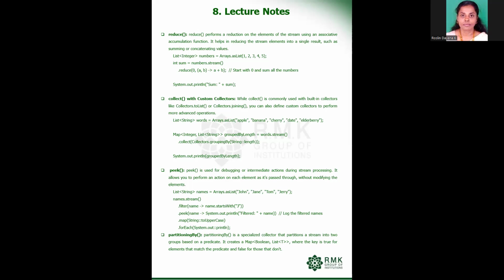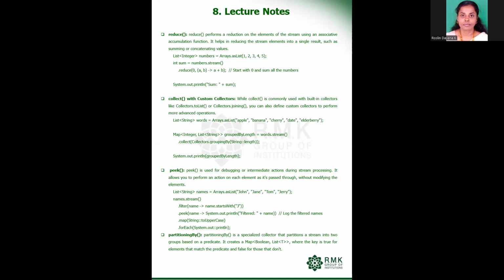Then the collect method, it is also a terminal operation. It is used to collect the values into a collection and display it to the user. For example, there is a words list. It contains apple, banana, cherry, date, and elderberry. And there is a map used here. You are grouping them by length. For each value, apple is size 5, and banana is size 6. Cherry is also 6.